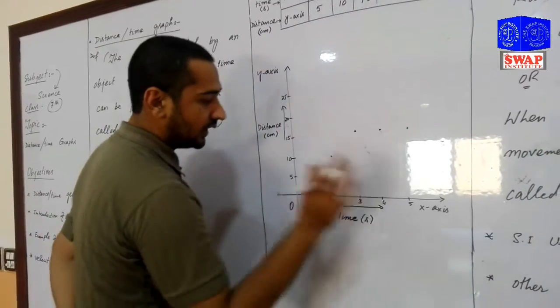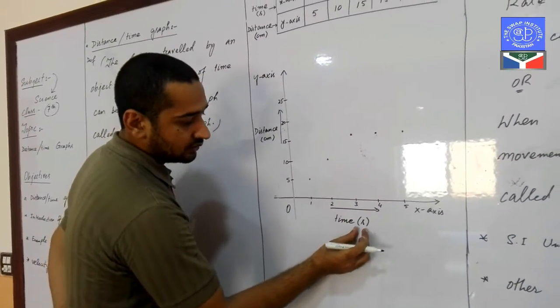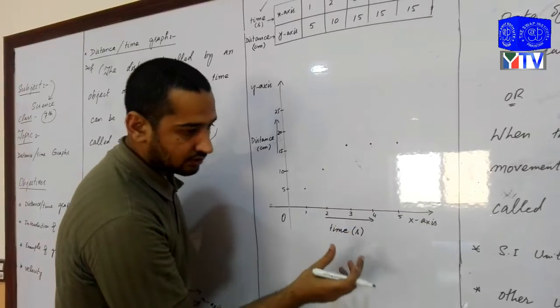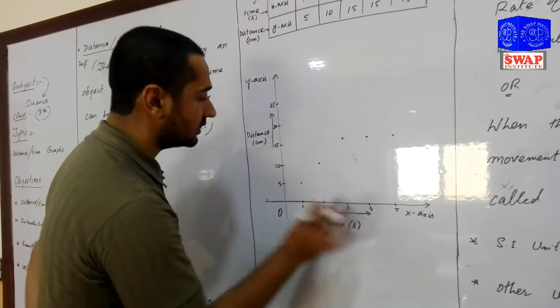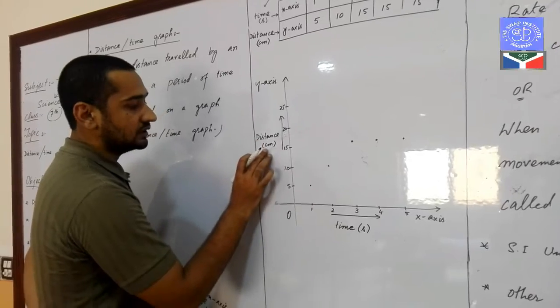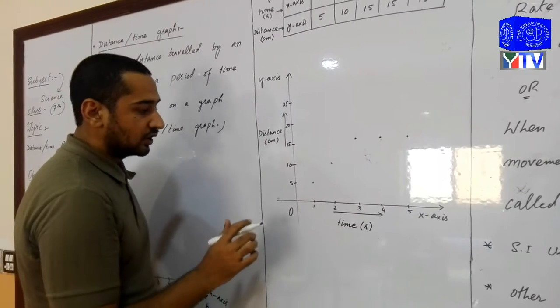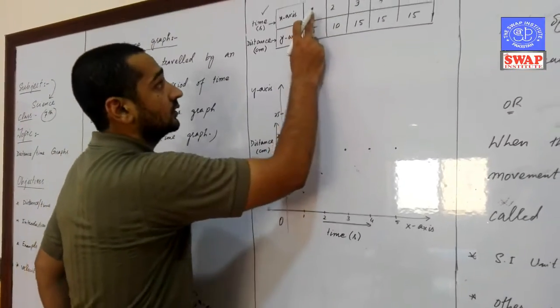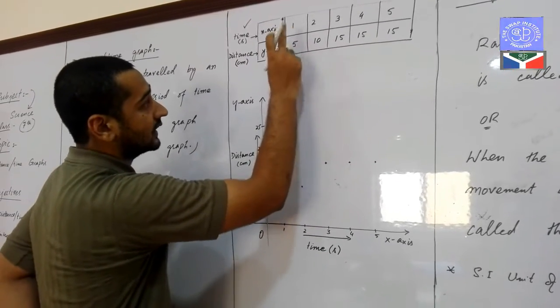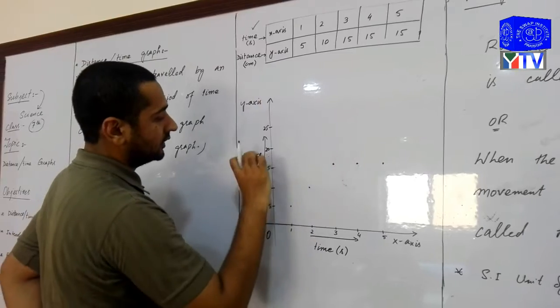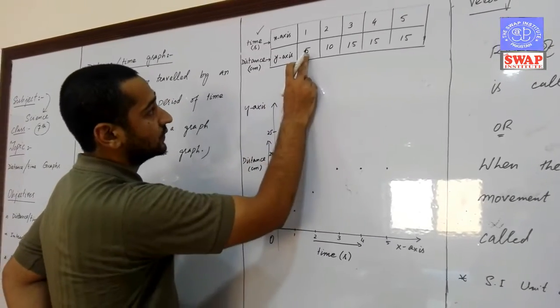and time on the x-axis. Time is in seconds, the standard system international unit, and distance is in centimeters. So on the x-axis, after 1 second the distance traveled by the body is 5 centimeters.